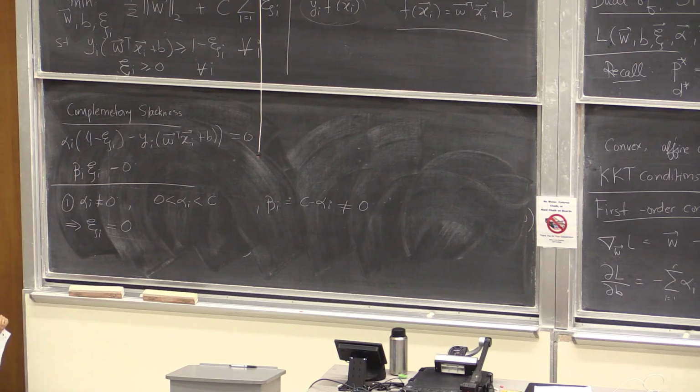What is the interpretation of psi i? Psi i tells me, is there a margin violation or not. Psi i is the amount of encroachment that I have into my margin. I have my w transpose x plus b equal to 1 line, right? These are my things.